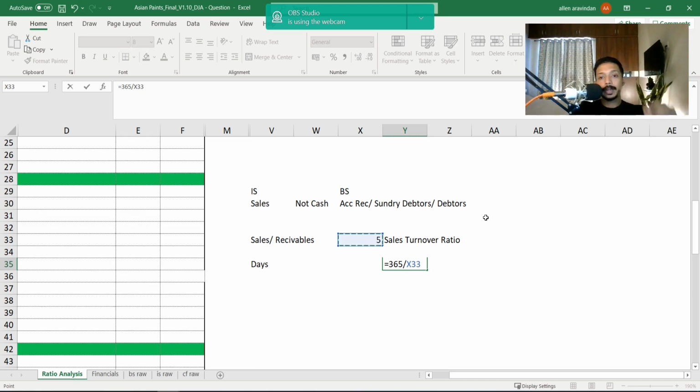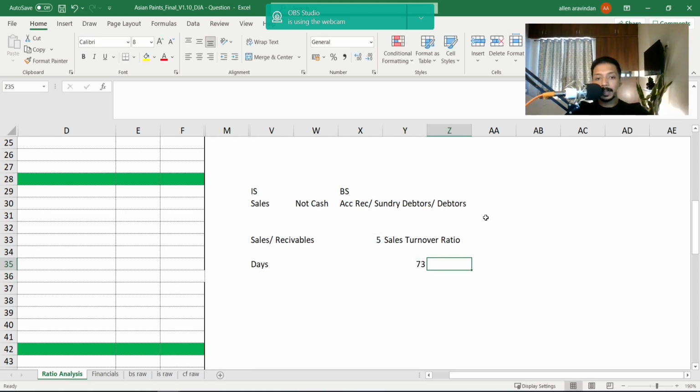Then you proportionately calculate that for a year which has 365 days, so you divide 365 by the turnover ratio, and you get days. So now you have 73 days as the time it requires on average for the company to collect back its receivables. That gives you a lot of insight.